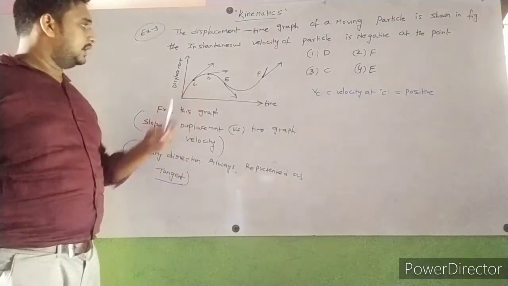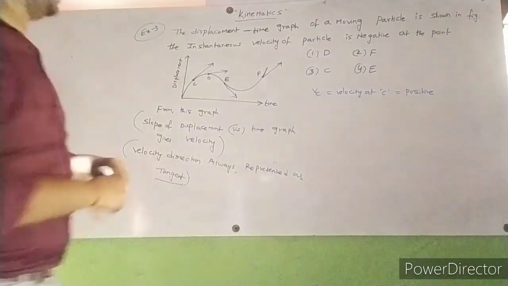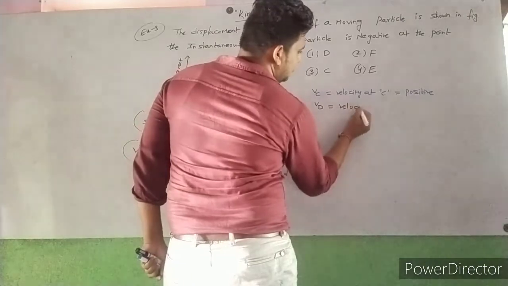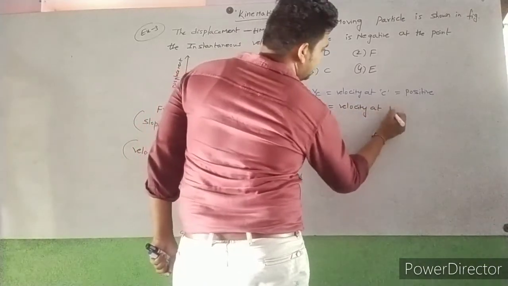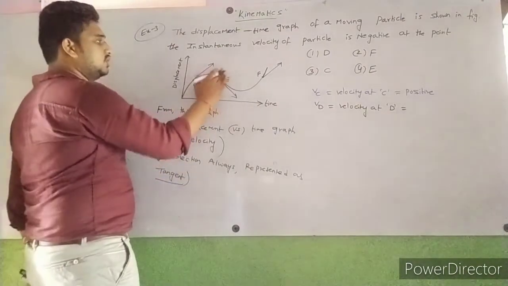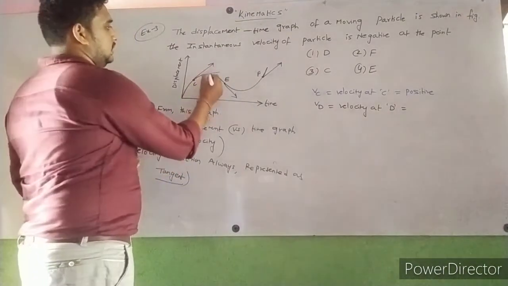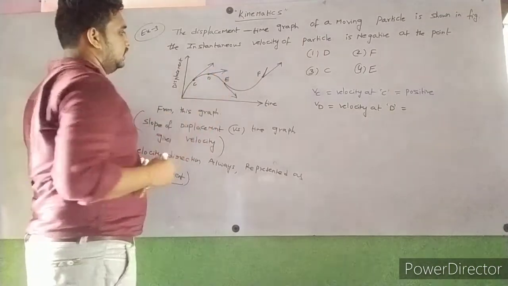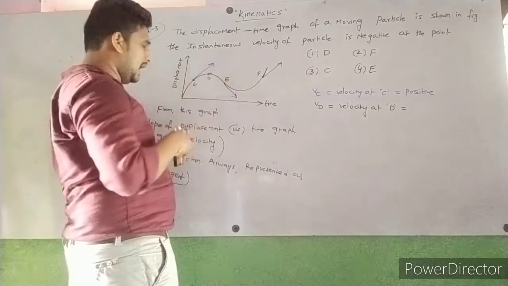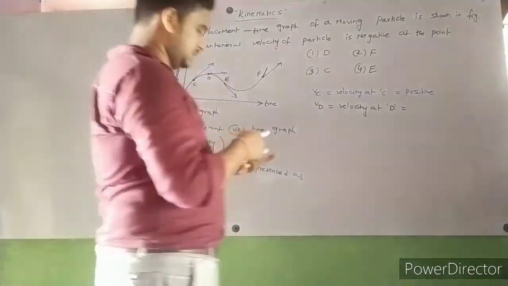Velocity at D: observe the slope. Here the slope is a flat line, is it or not? So velocity at D is 0.